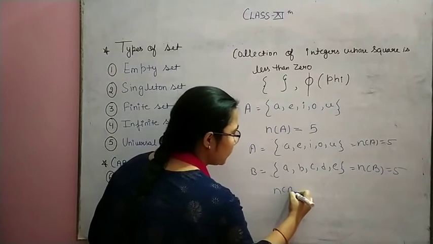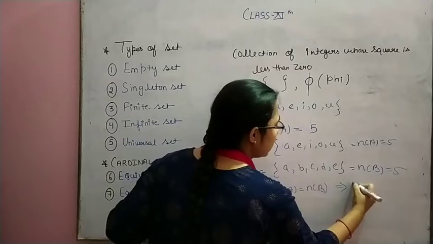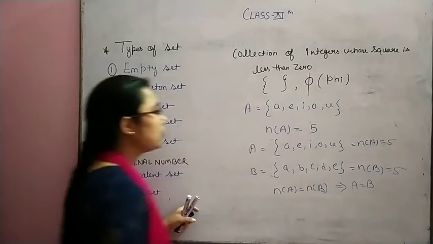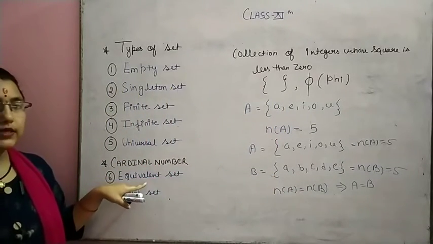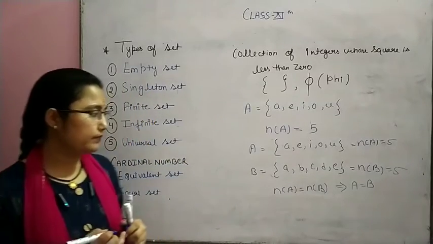So n(A) equals n(B). So the equivalent sets are those sets which have the same cardinal number.